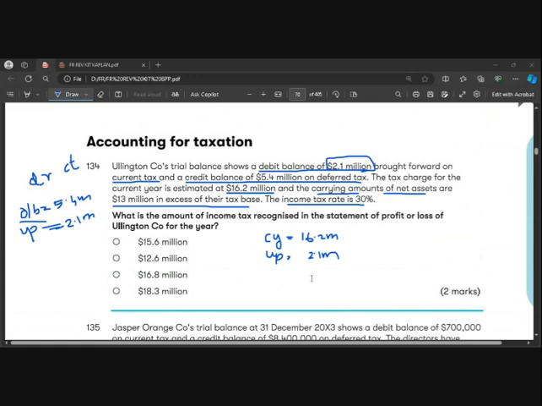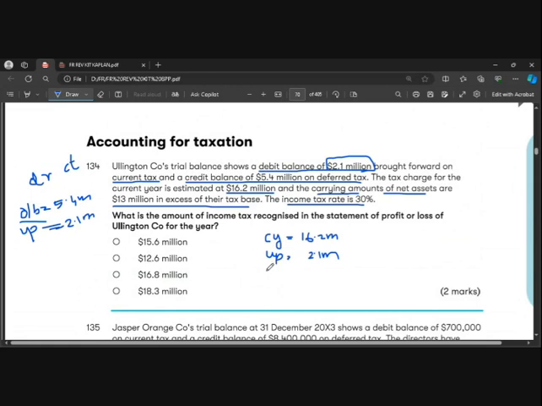Opening minus closing, you mean? Yeah, no, closing minus opening. Always remember closing minus opening. 1.5. Is it positive or negative? Negative.